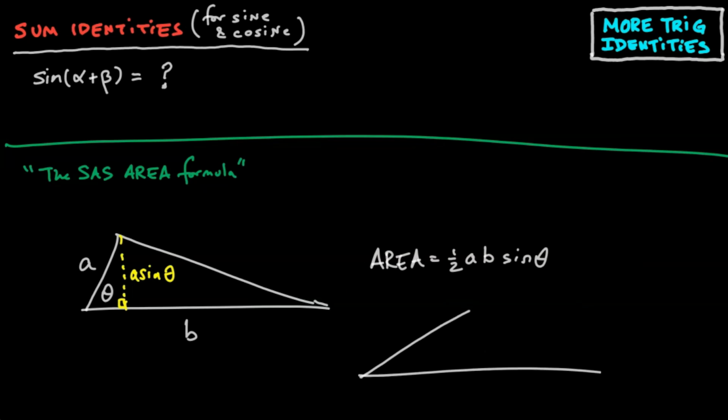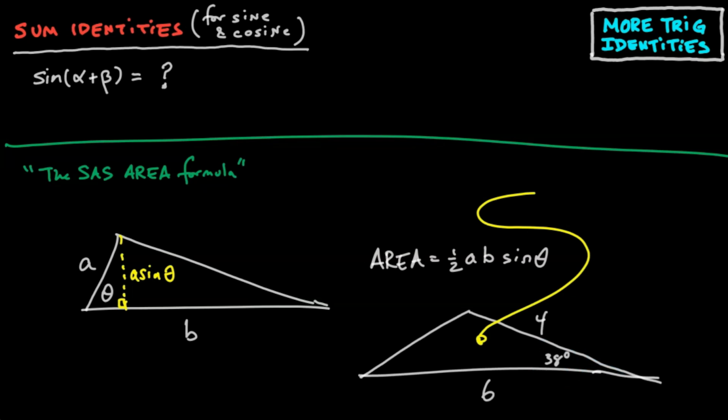And it's a handy little formula because now, for example, if we have a triangle, two of whose sides are, say, 4 and 6, and the angle between those sides is, say, 38 degrees, well, we can very quickly conclude that the triangle's area is what? Well, according to this new formula, it's half the product of the sides times the sine of their included angle. Well, the product of the sides is 24, half of that is 12, and we just have to multiply by the sine of 38 degrees.